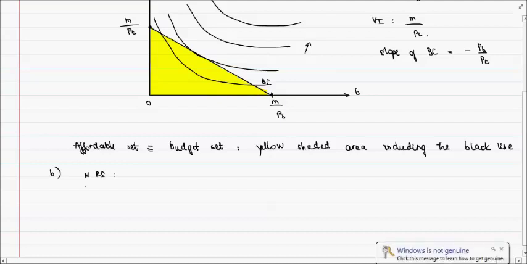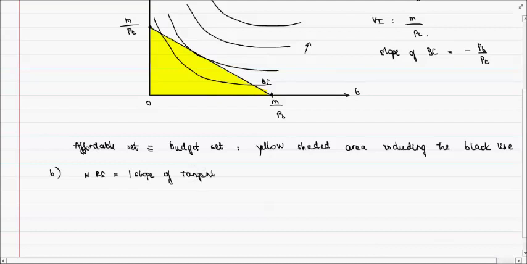So the marginal rate of substitution is just the absolute value of the slope of the tangent of the indifference curve.